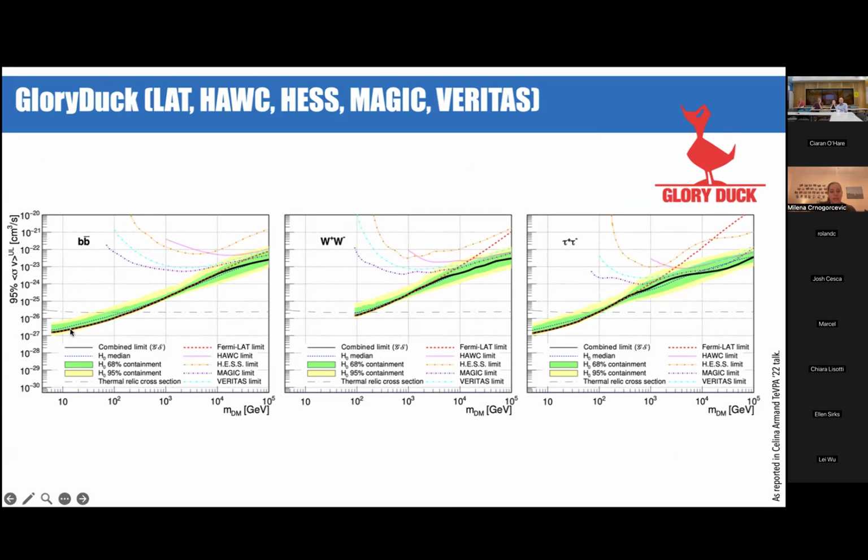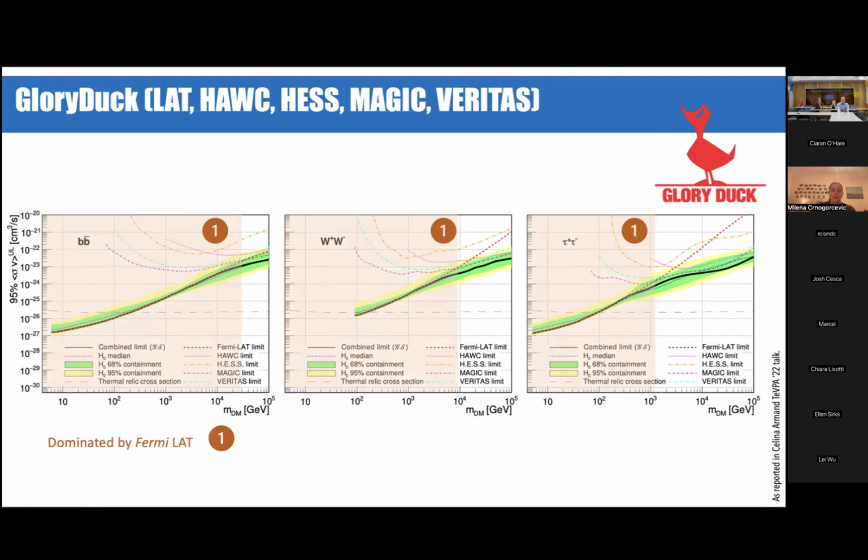Now, the red dashed line is the Fermi-LAT, and you can see that for most of the mass range, it overlaps with the total likelihood. And so you can say that these regions are very heavily dominated by Fermi-LAT, as expected, since Fermi's LAT sensitivity and angular resolution at those energies at lower masses will be better compared to the CTAs.